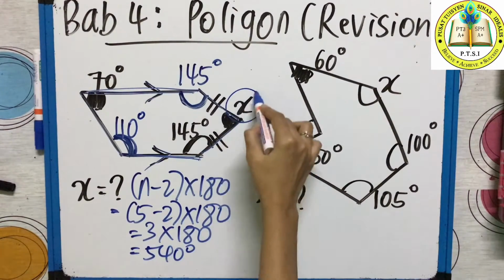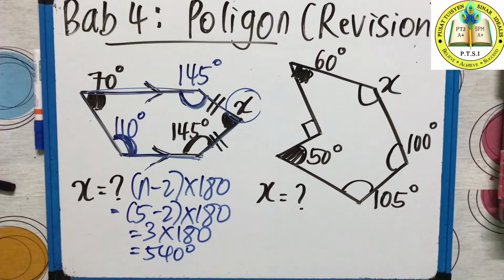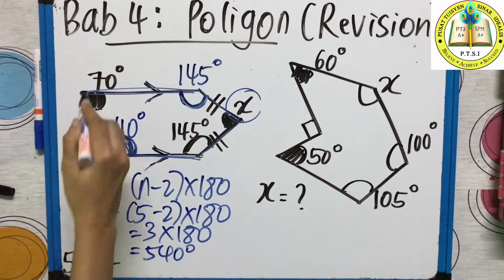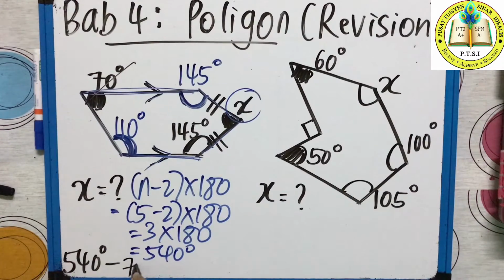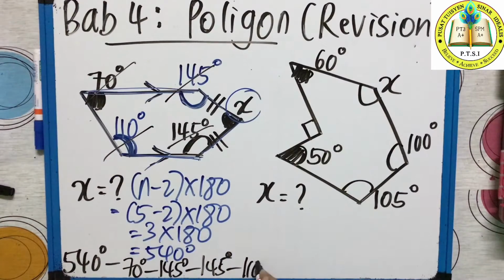You only want to get the x, what are you supposed to do? 540 degrees, that means the total is 540, right? So 540 degrees minus 70, okay. Then minus 145 degrees, minus 145 degrees, minus 110 degrees.